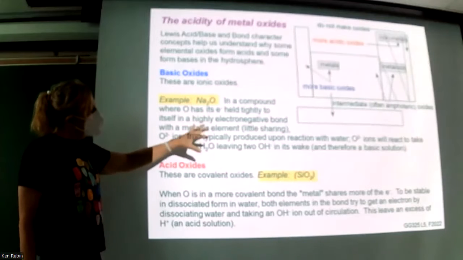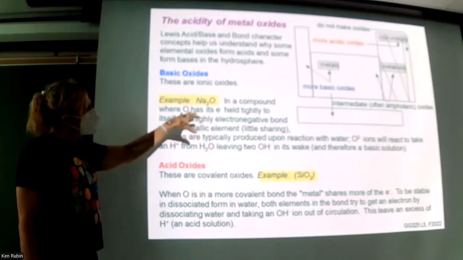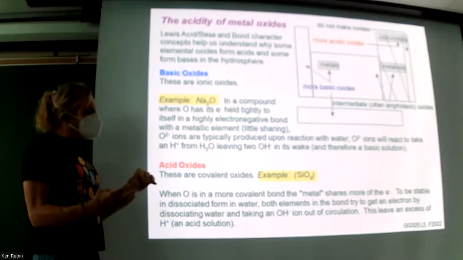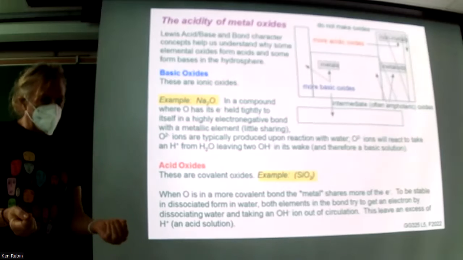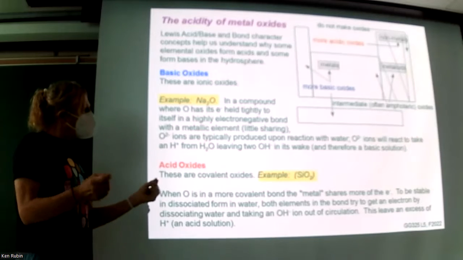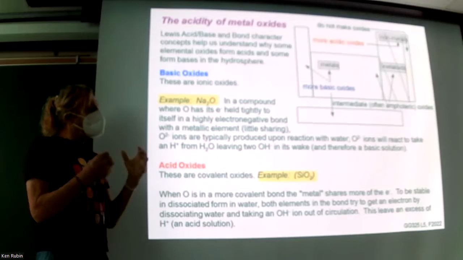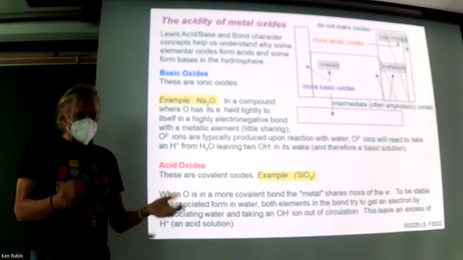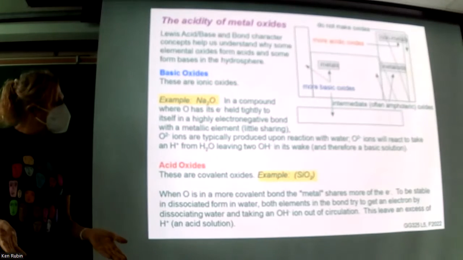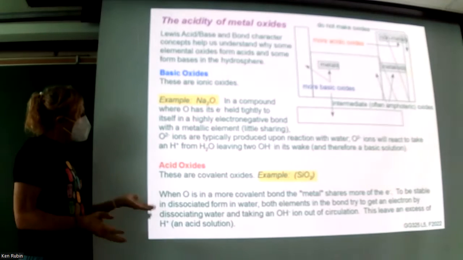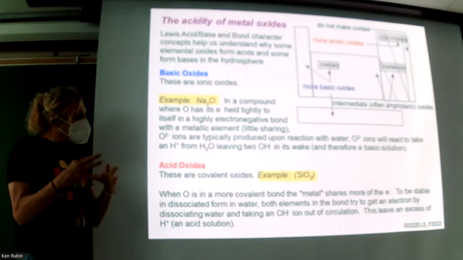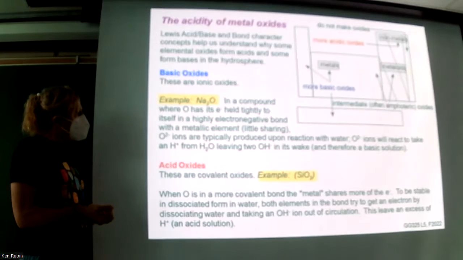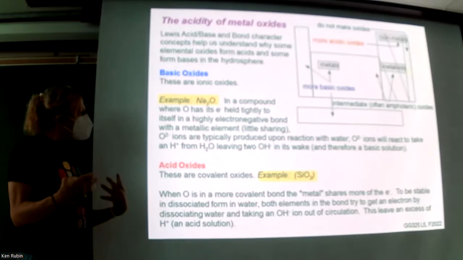In the presence of oxygen, these chemicals behave in a certain way that affects how they bind with oxygen, and therefore when we stick them in water, what are they going to dissociate into? Are they going to dissociate into a unit that leaves behind a hydroxide ion in solution, or a unit that leaves a hydrogen ion in solution, or neither? They're not going to really dissociate at all, in which case they have very little impact on acidity.